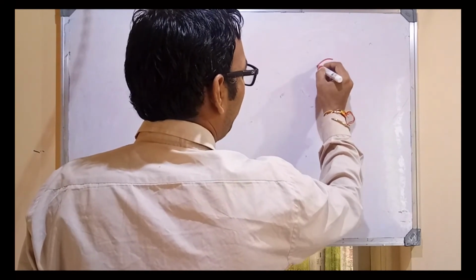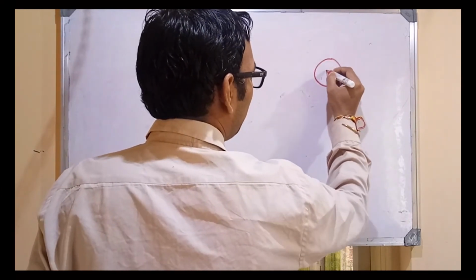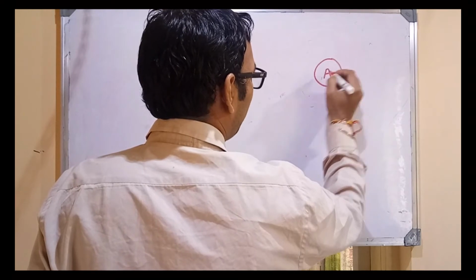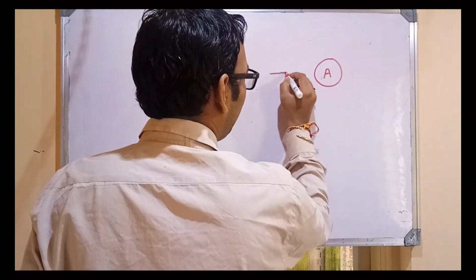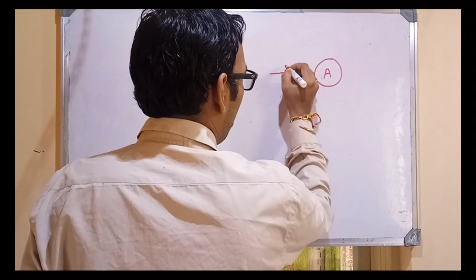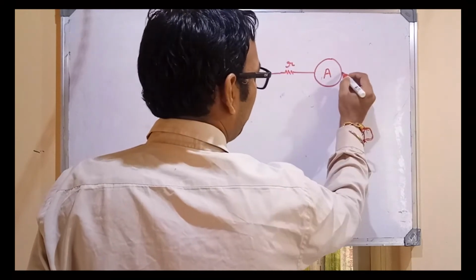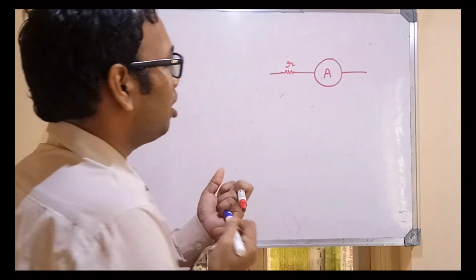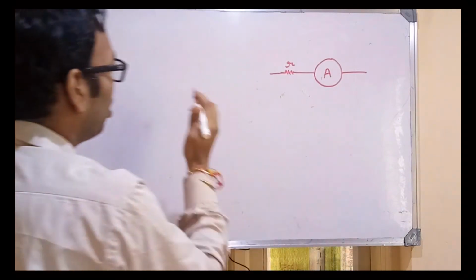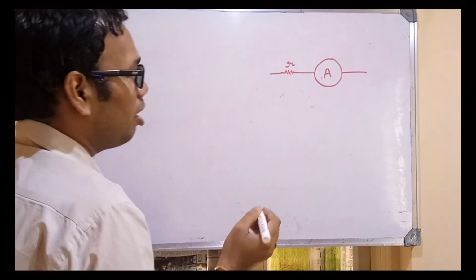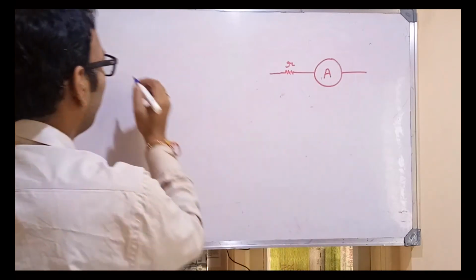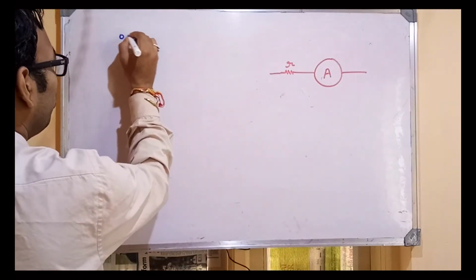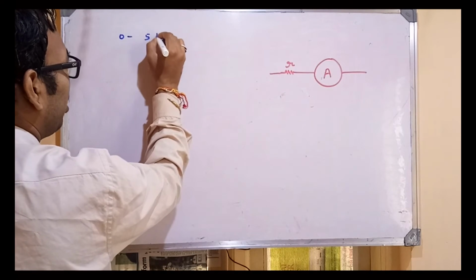We have one ammeter. This is our ammeter having internal resistance R. Initially this ammeter was rated for 0 to 5 ampere, means it can read the current 0 to 5 ampere.